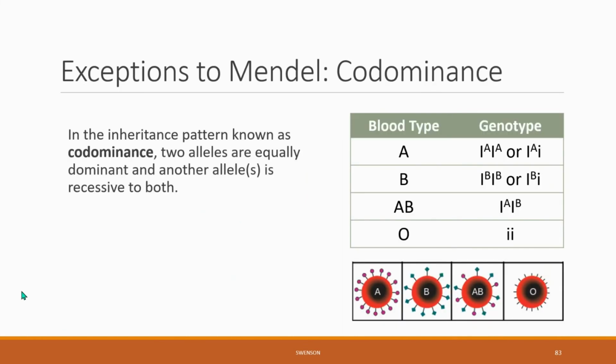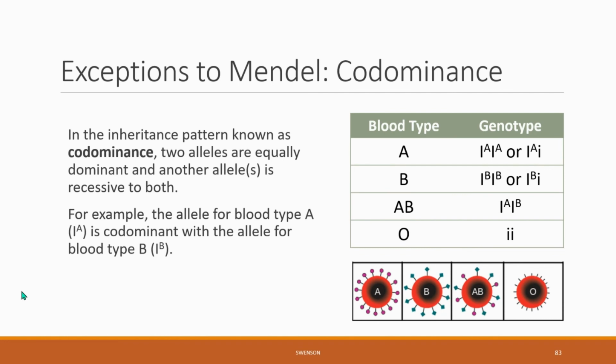Codominance is another exception. In the inheritance pattern known as codominance, 2 alleles are equally dominant, and another allele is recessive to both. For example, the allele for blood type A, I superscript A, is dominant with the allele for the blood type B, which is I superscript B. This is why a person can have an AB blood type.